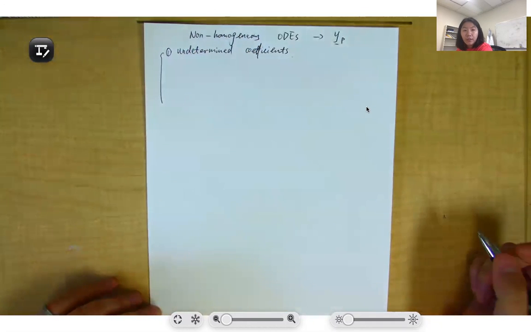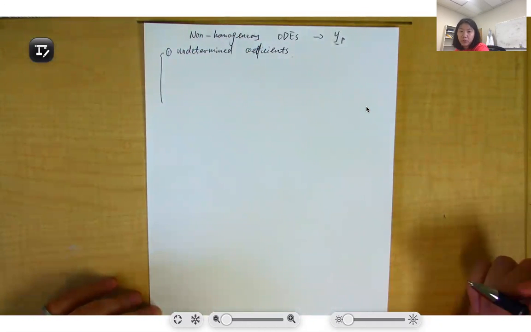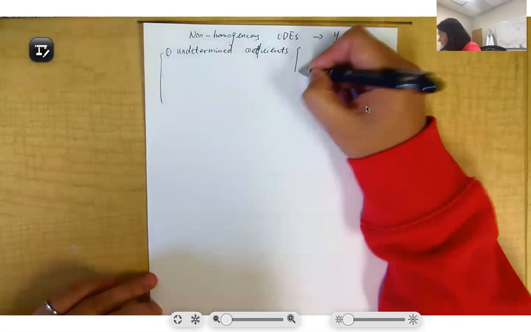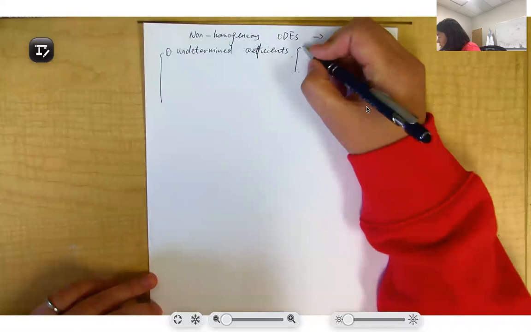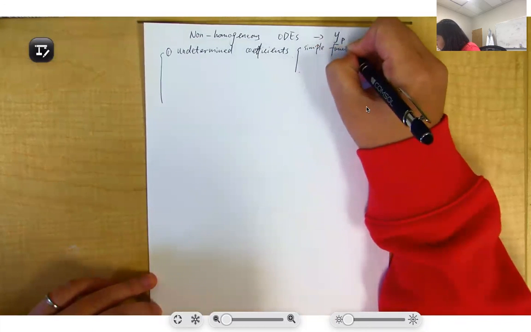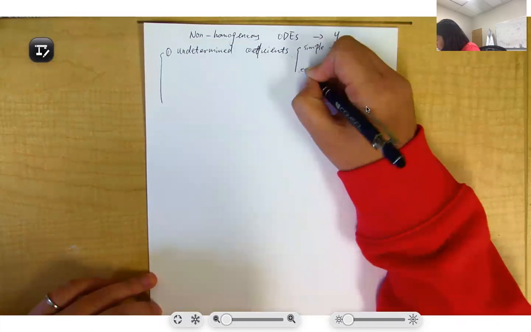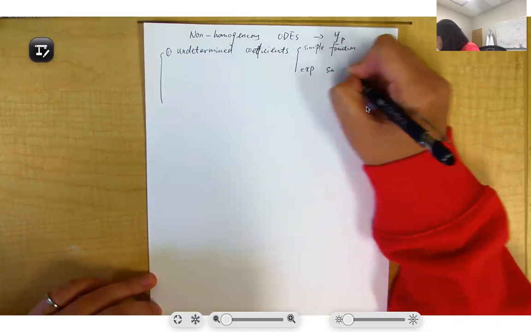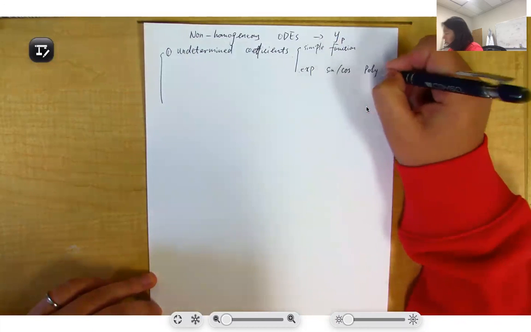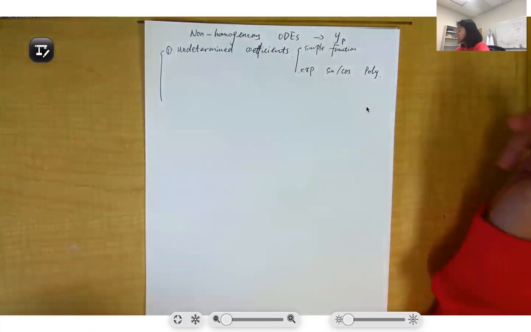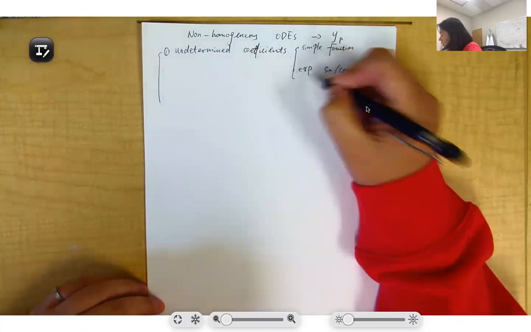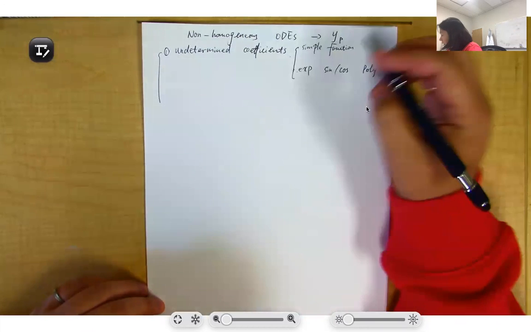And you know that there are particular preconditions to use this undetermined coefficient. First, it has to be a simple enough function, such as exponential, sine, cosine, or polynomial, where the power of x has to be positive. Or it can be a linear combination of all these functions.